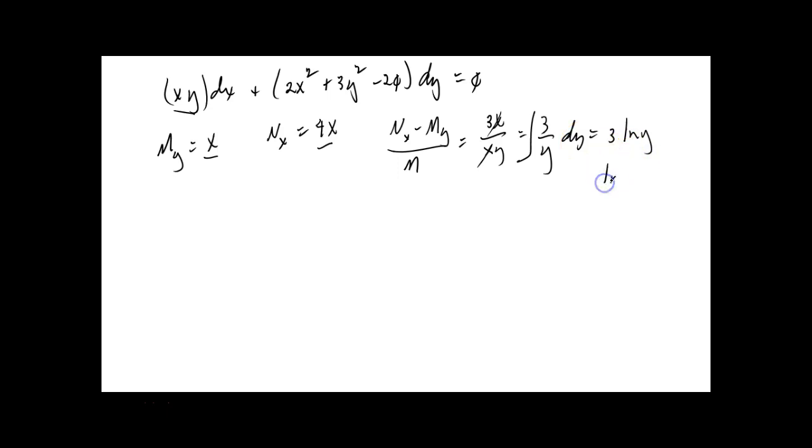Or you could say it as the log of y cubed, I sort of like that better. E to the that would then be y cubed. There's your integrating factor, mu as a function of y alone. And what do we do with it?